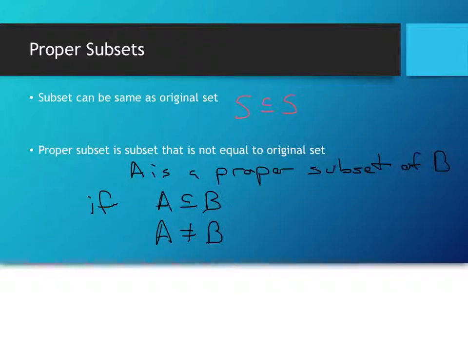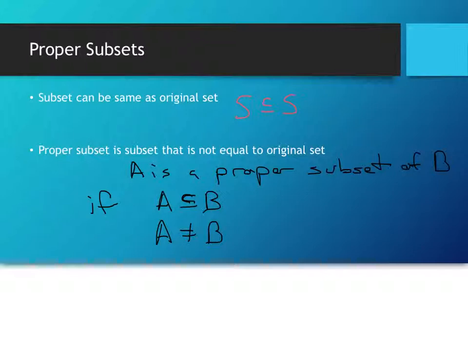So if we have a subset and it's not equal, then we call it a proper subset. The empty set is a proper subset of anything unless it's trying to do it of itself.